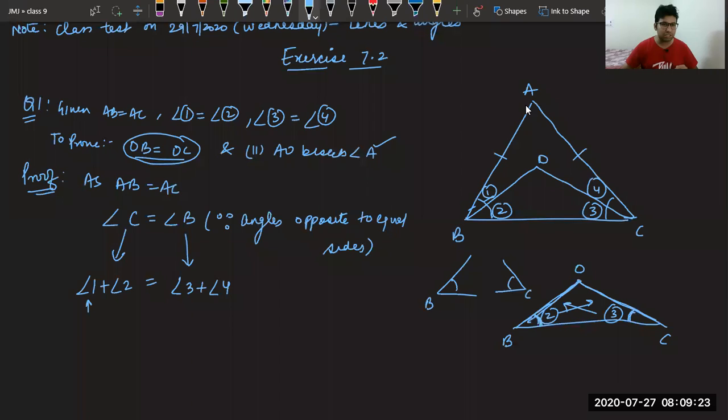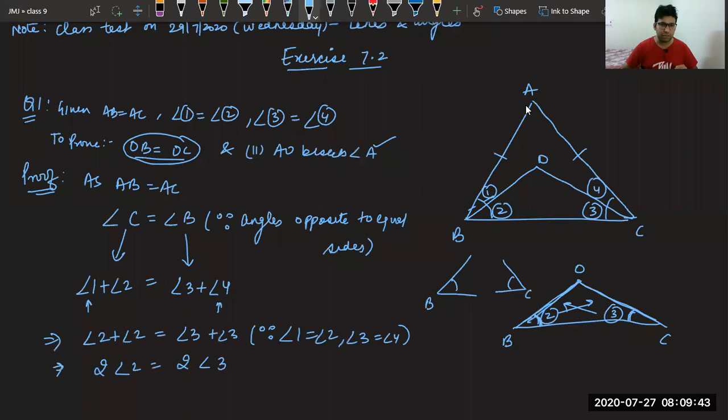So this is extra for us and this is extra for us. We can write this as angle 2 plus angle 2 is equal to angle 3 plus angle 3, because it is given to us that 1 and 2 are equal and 3 and 4 are equal. Now we can say twice angle 2 equal to twice angle 3, therefore angle 2 equal to angle 3.